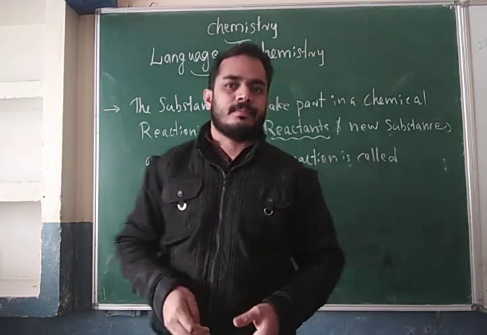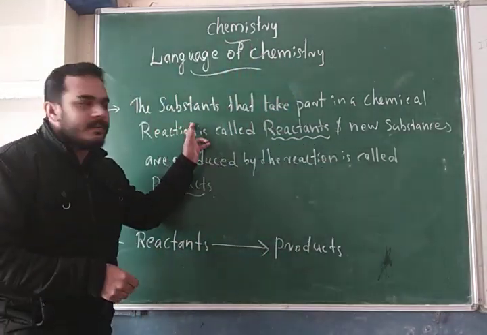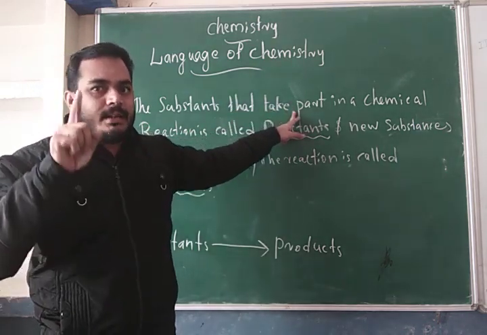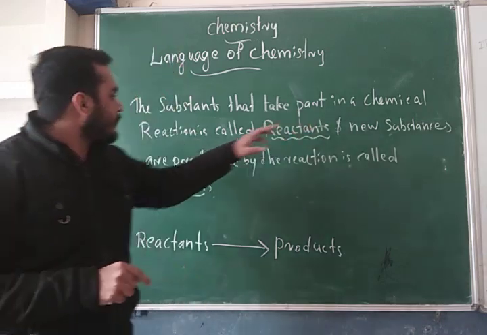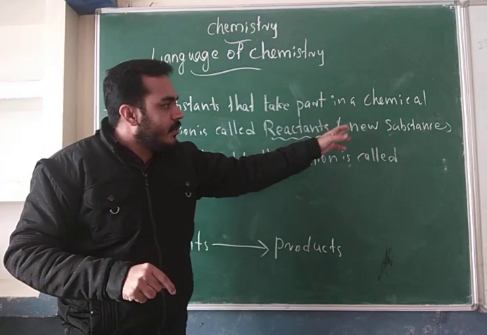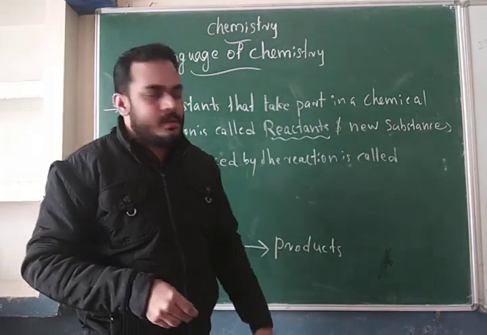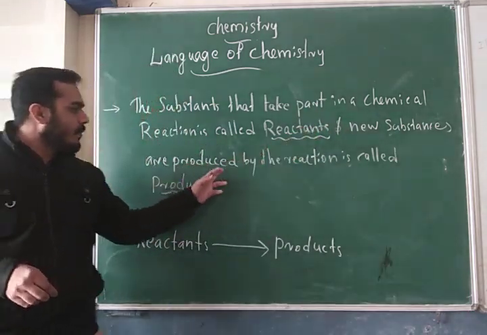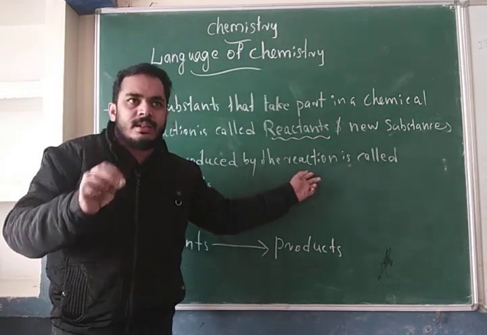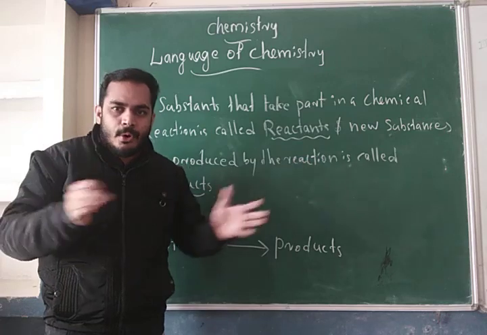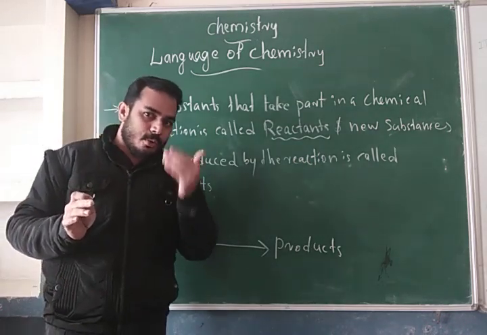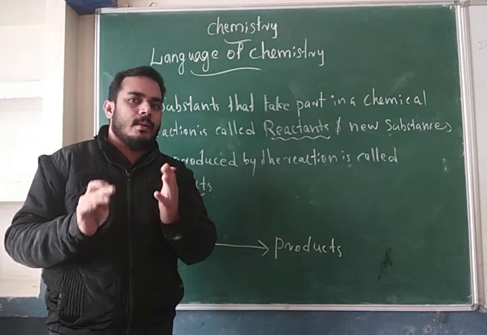The substance that takes part in a chemical reaction is called reactants. And new substances formed or produced by the reaction are called products.